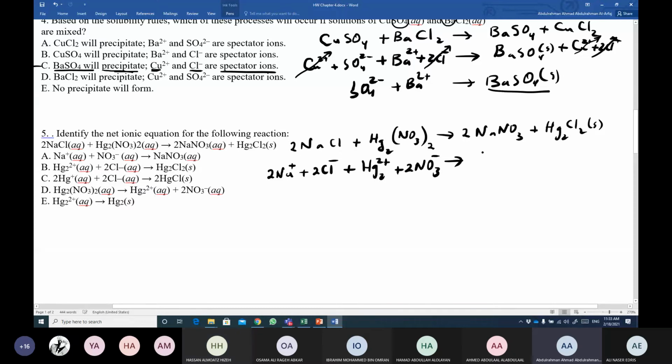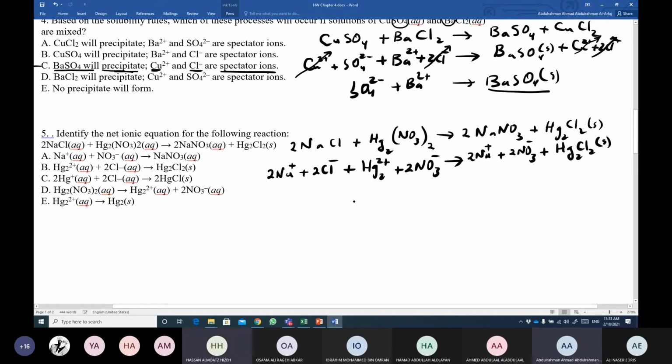Good. What are you going to get? 2Na+ plus 2NO3- plus precipitate Hg2Cl2 solid. What will be the net precipitation reaction?